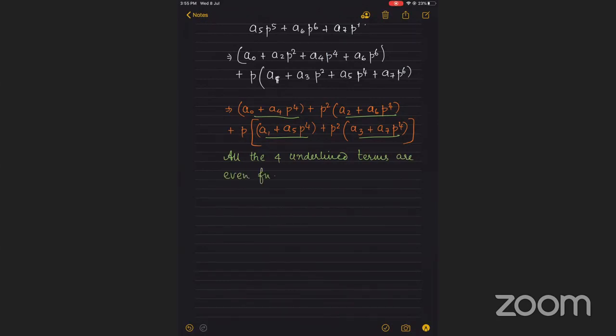Therefore we exploit the property of even functions.